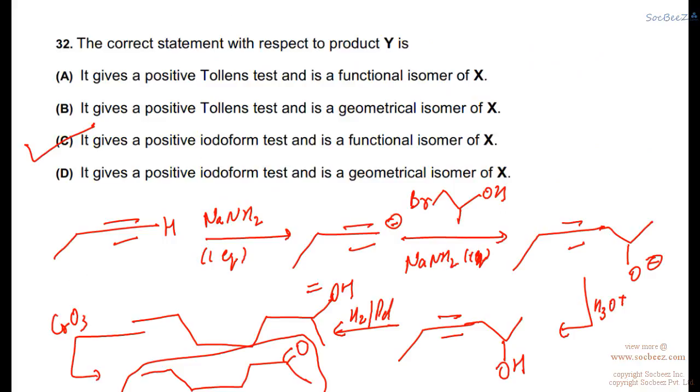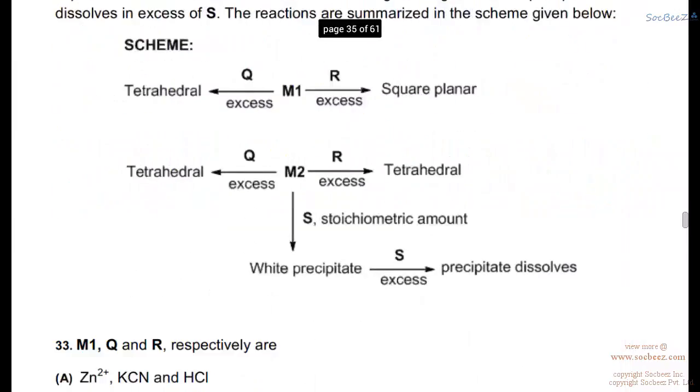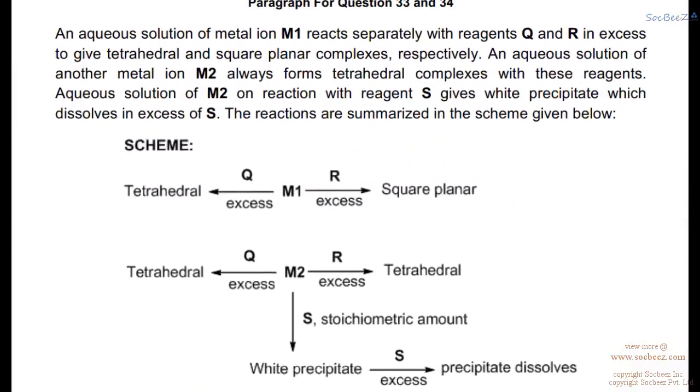Okay, so now let's move on to the next question. An aqueous solution of metal ion M1 reacts separately with reagents Q and R in excess to give tetrahedral and square planar complexes respectively. An aqueous solution of another metal ion M2 always forms tetrahedral complexes with these reagents.